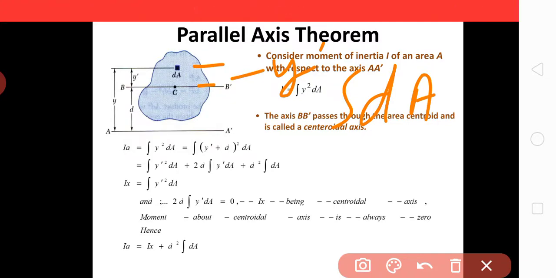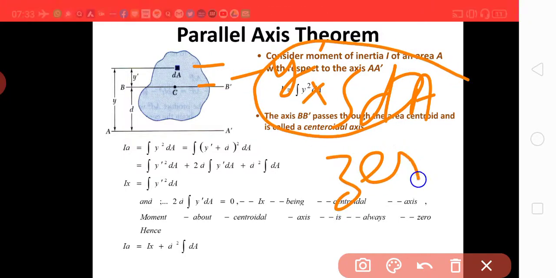The moment of area about its centroidal axis of a plane is always 0, because there is no arm. Y dash is almost 0 there. So this term becomes automatically 0.